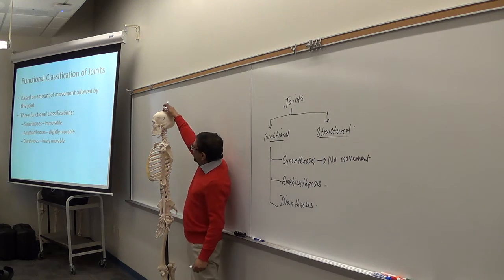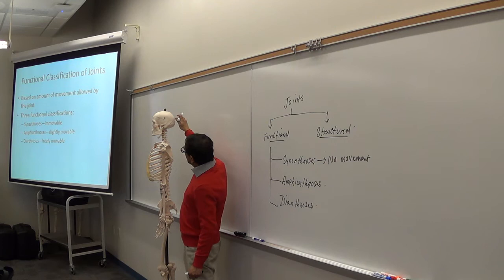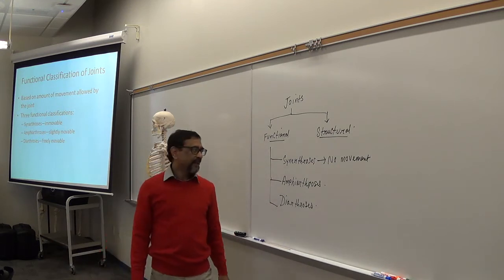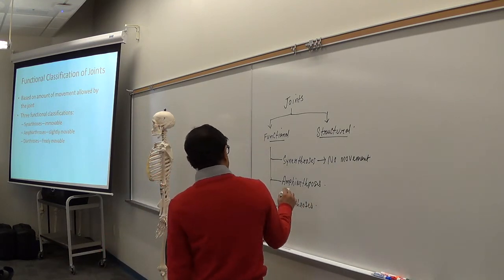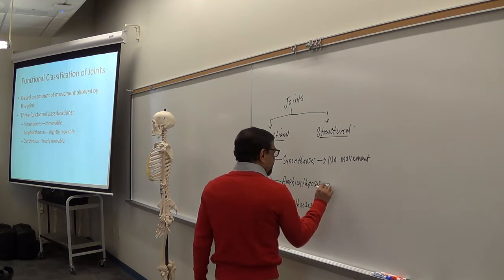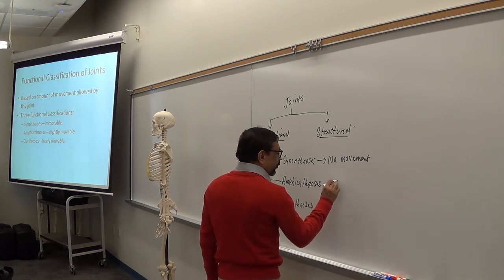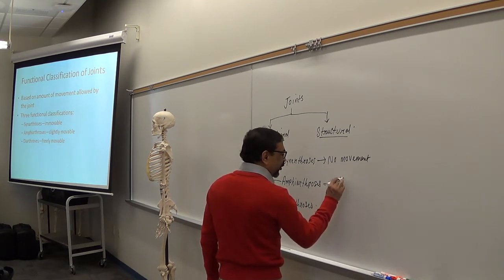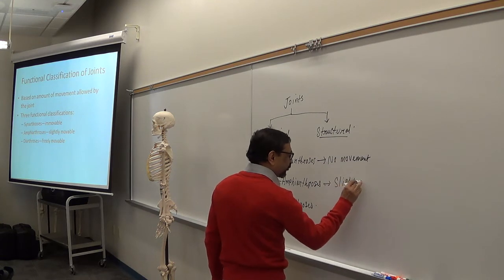Example, sutures. You know that sutures are the joints between the cranial bones or skull bones. No movement occurs in these joints. Okay? So, synarthrosis. Then amphiarthrosis, slight movement or a small amount of movement.